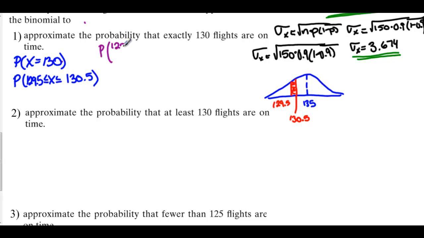So 129.5 minus the mean of 135, over the standard deviation of 3.674. So negative 1.59. Thank you. Oh, just 5.